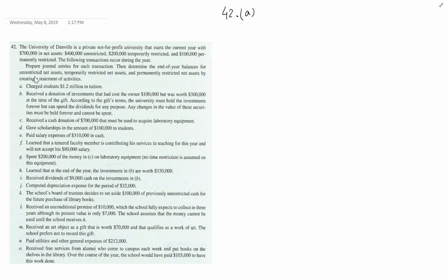So the journal entry will be tuition receivables debit, which is 1.2 million, or if you want to write all the numbers, it's 1,200,000, that debit, and we will credit tuition revenues.